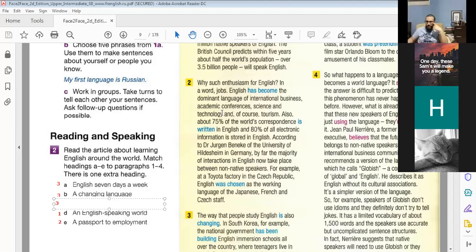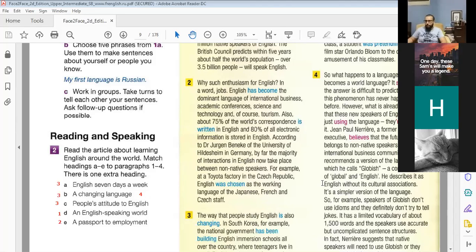Okay. What do you think, Hajar? B goes with number 4. For number 4, you think it's B, a changing language?